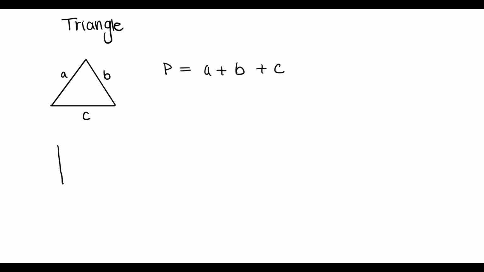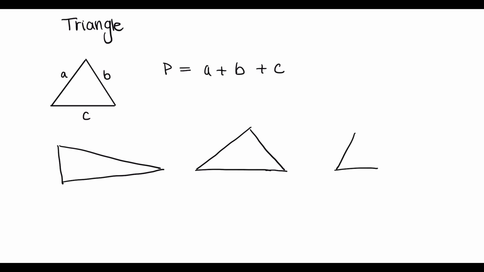So whether it's like this, or it's like this, or it's even a triangle where all the sides are the same, the perimeter is still each side added together.